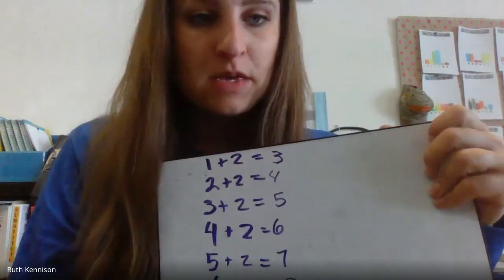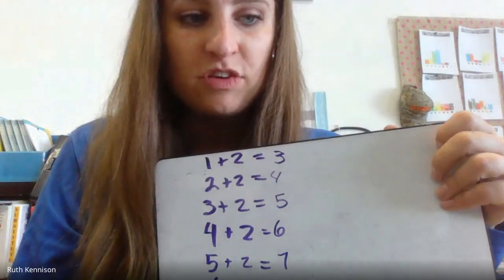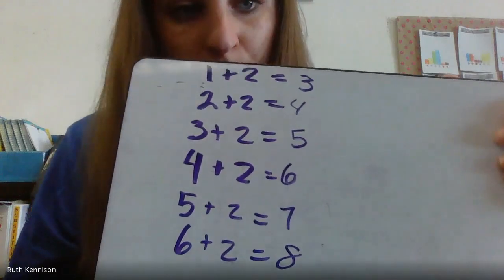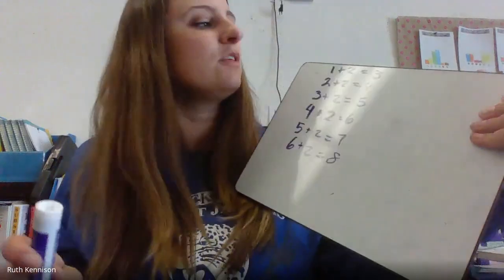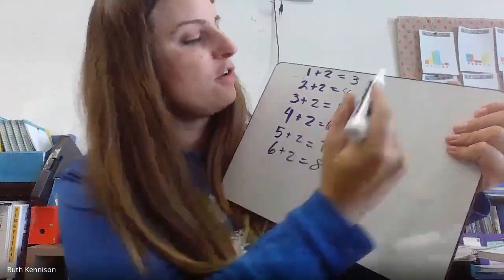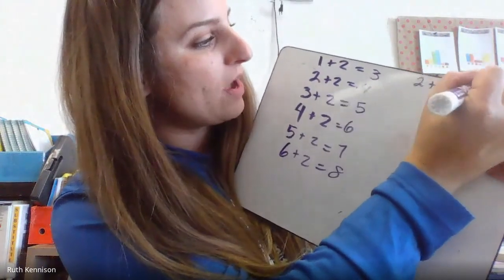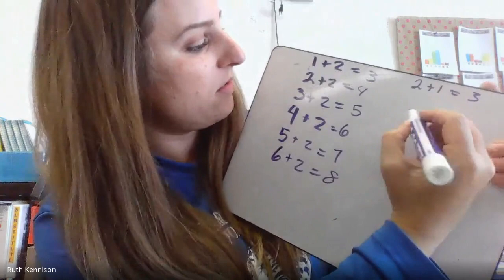Okay. Elizabeth, did you have a question or something to add? What did you want to add? We can switch it around, like 2 plus 1 equals 3. Absolutely. We wrote it just so that you could see that all of these are plus 2 numbers, but as you said, you can always flip it around the other way and it equals exactly the same thing, right?